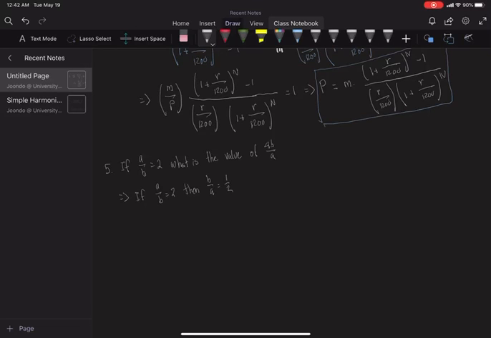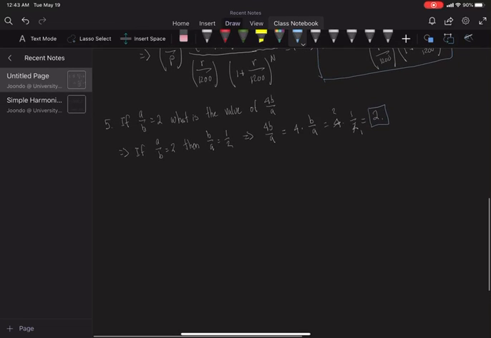So 4b over a is really the same thing as 4 times b over a. This is 4 times 1/2. This becomes 1, this becomes 2. And this is 2. This is the answer. Let's do number 6.